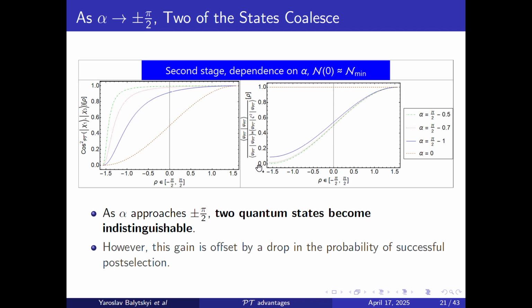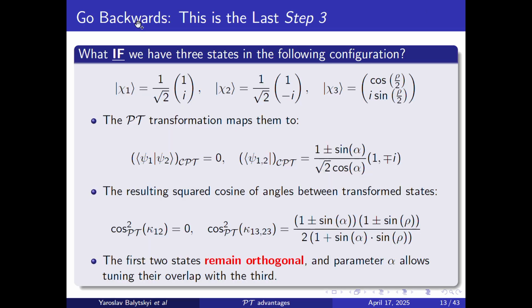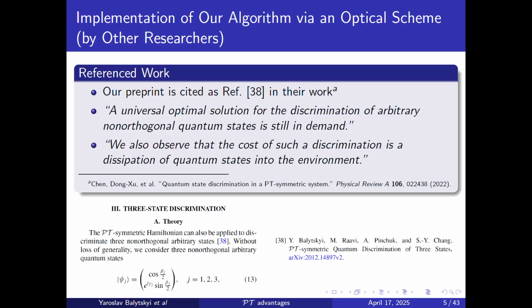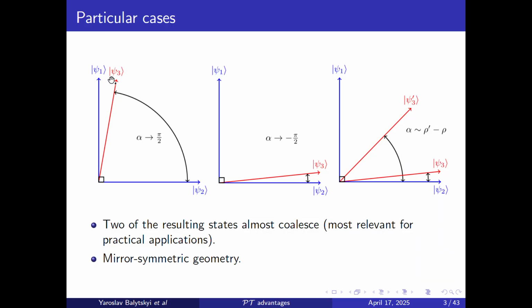So the probability of decisive outcome goes down at the same time as cosine squared goes to 1 when alpha goes to plus minus pi over 2. So essentially just corresponding to this.